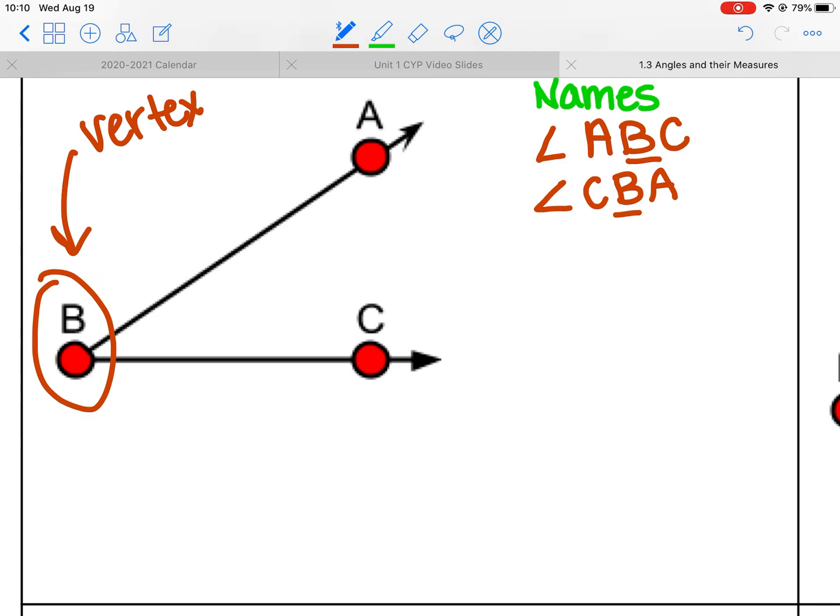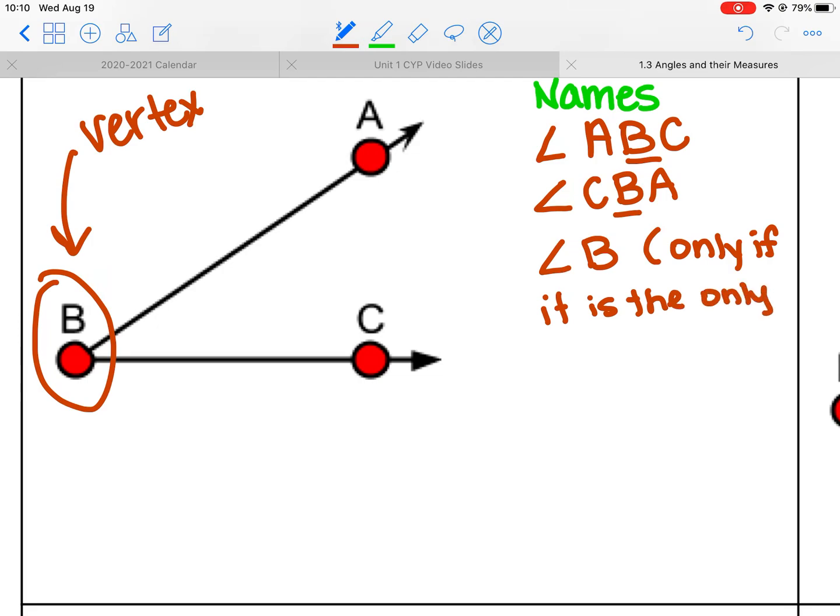Since this angle is by itself, there are no other possible angles, we can also name this by the vertex only. So I could also call this angle B. But the important part here is that you can only use the single letter, the vertex, to name the angle if it's the only angle.